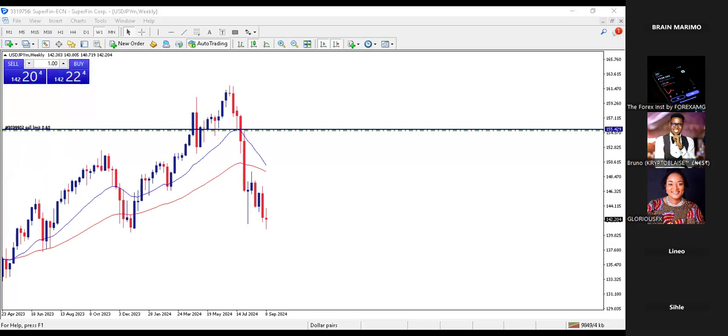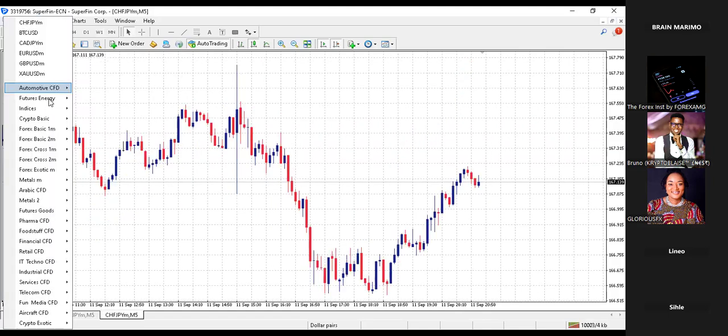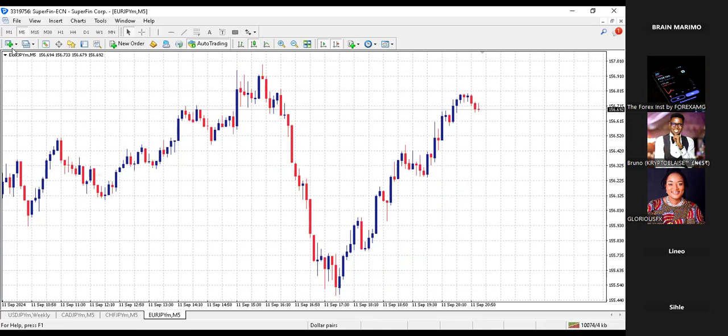All right, I'm just waiting on TradingView, but in the meantime, okay, USD JPY. Let's leave it there. Let's bring in CAD JPY. I want us to bring in all these yen pairs. CHF JPY. Do we have Euro JPY? Euro JPY, let's bring that in.